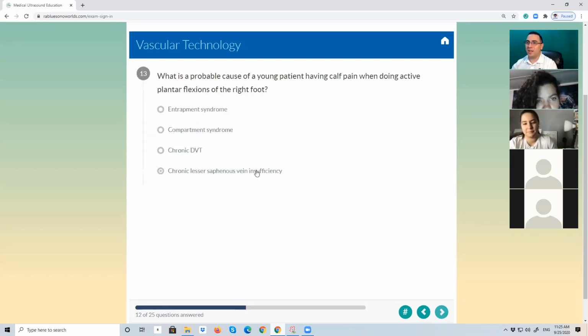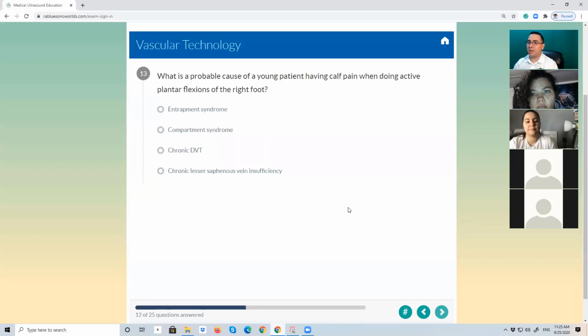So let's go to number 13 in here. Let's say we have this young patient who has calf pain when doing active plantar flexion of the right foot. What's going on in here? There's no history of trauma or anything. It's just that when the patient makes this type of foot motion, there's pain in the area of the calf. Entrapment syndrome.